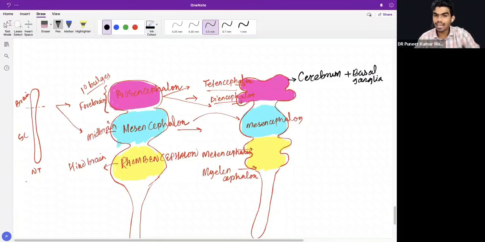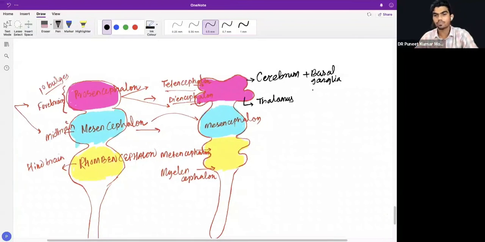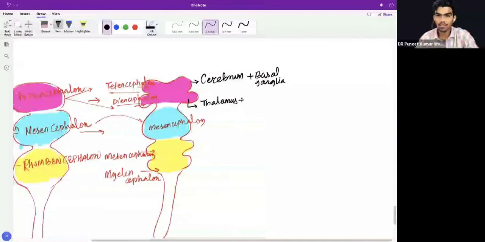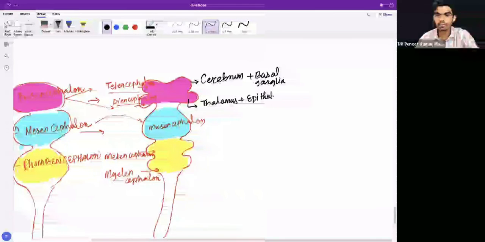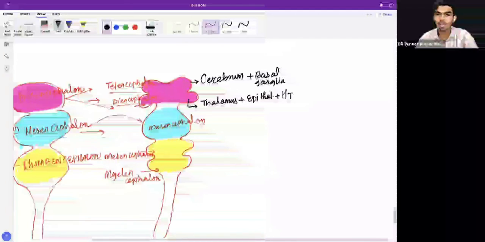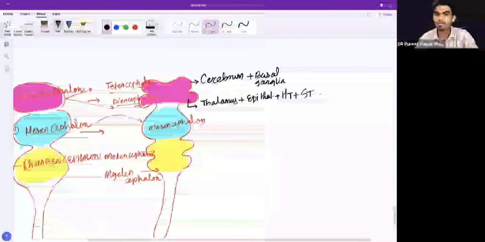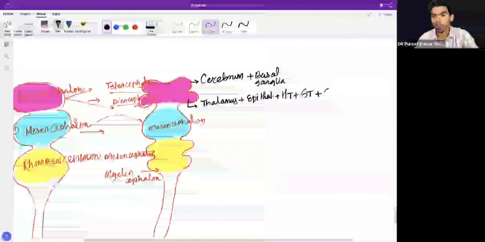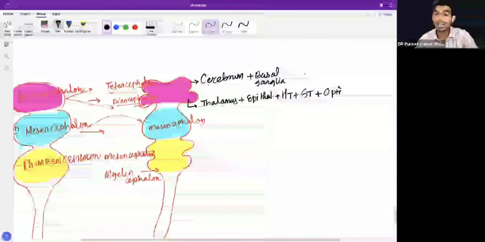The diencephalon part forms all the structures related to the thalamus, like the thalamus, epithalamus, hypothalamus, and subthalamus, below the thalamus. And the optic knob. I told you the optic knob develops from the diencephalon.